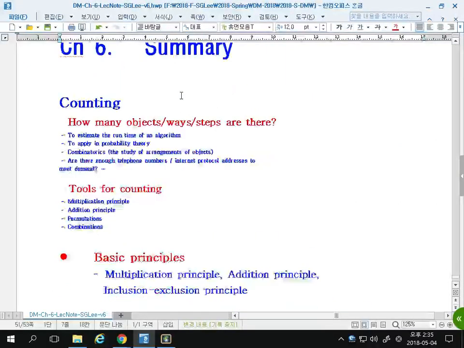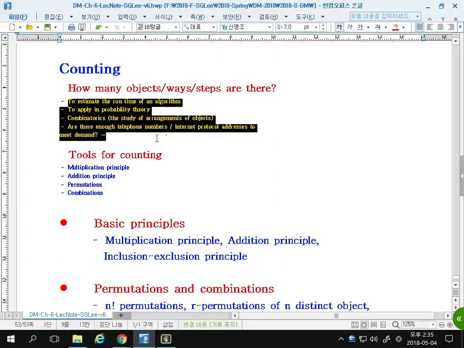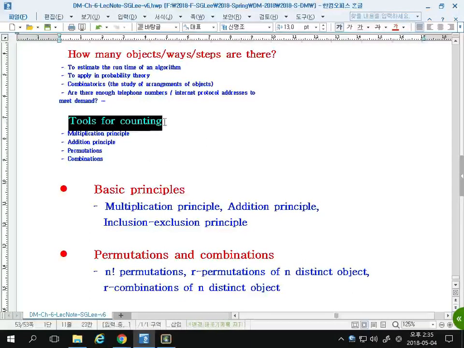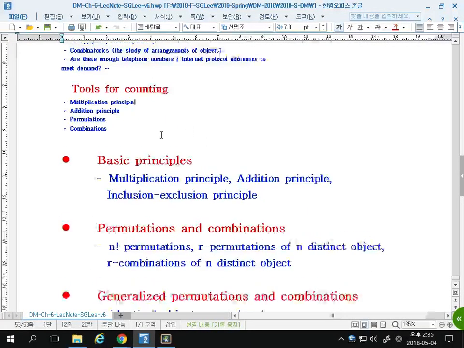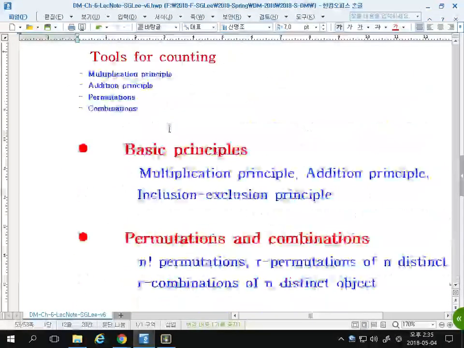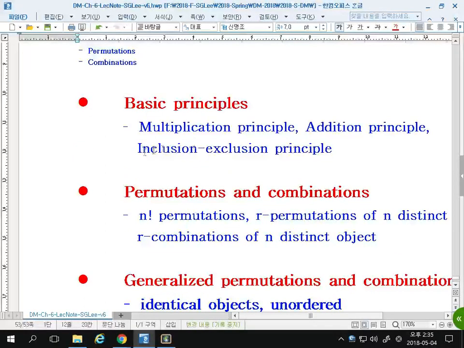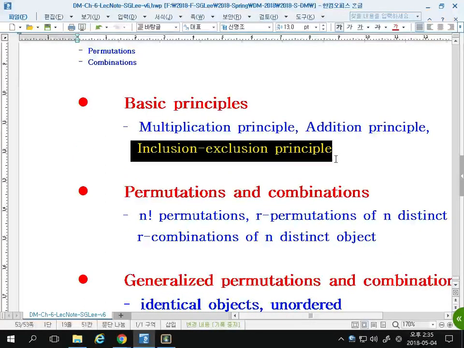In chapter 6, we have learned the counting method, to find how many objects and ways and steps there are, in order to estimate many things. And we have learned tools for counting, including the multiplication principle, the addition principle, and permutations and combinations. Another basic principle is the inclusion and exclusion principle.